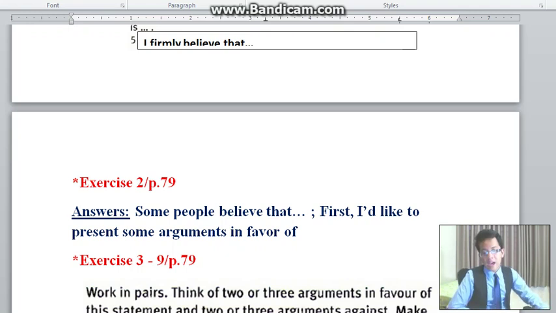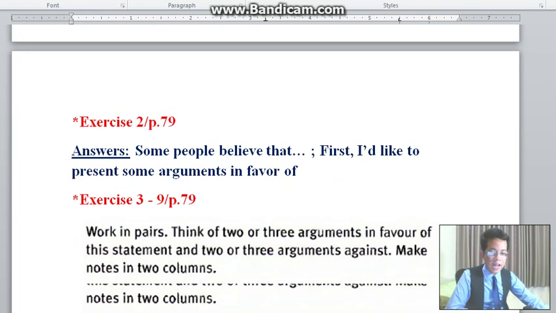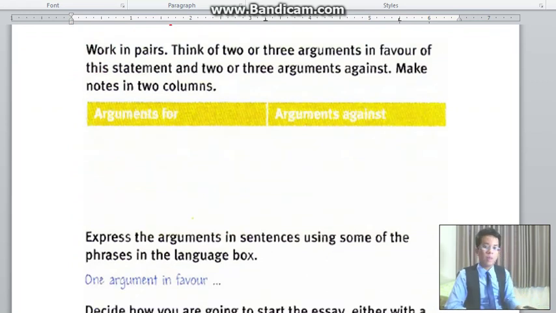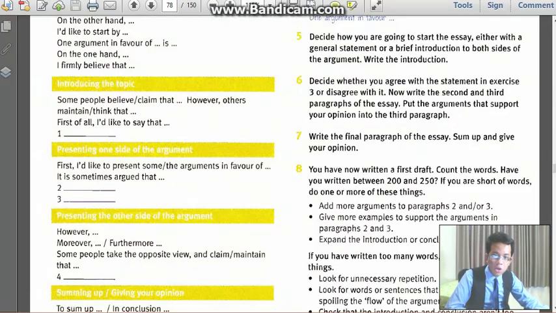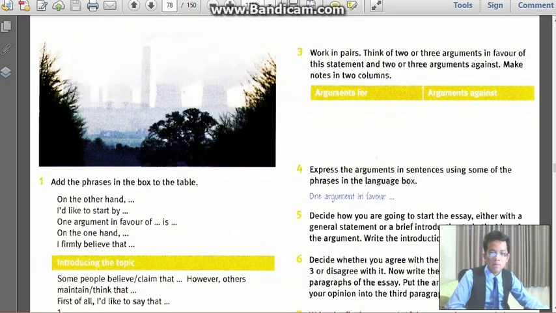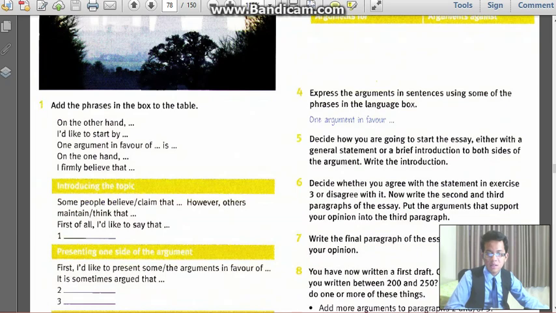Now it is time for exercise number 3. They tell us to work in pairs. Think of 2 or 3 arguments in favor of this statement and 2 or 3 arguments against the statement. Make notes in 2 columns. So we have the statement right over here. Where is it?